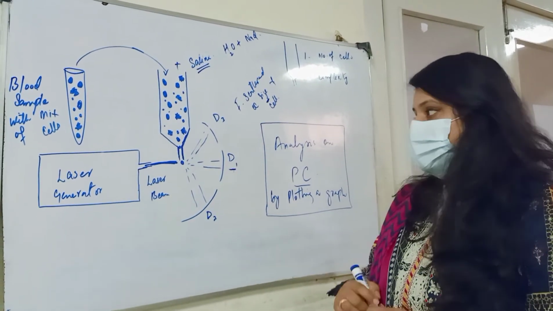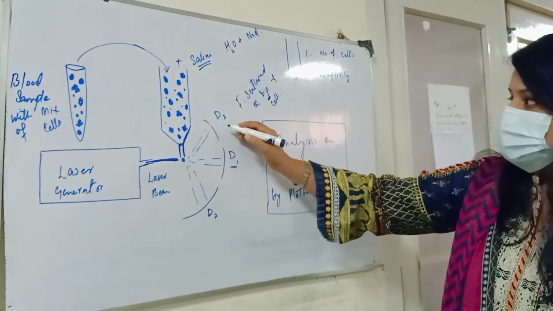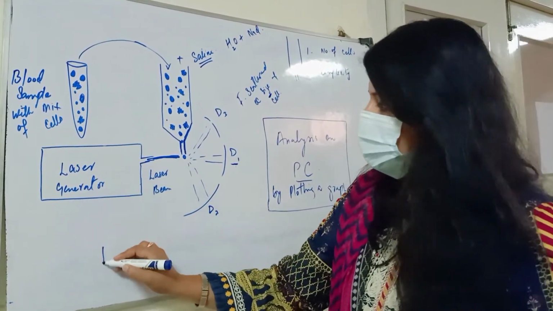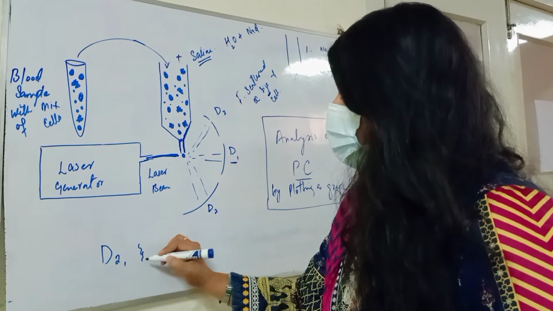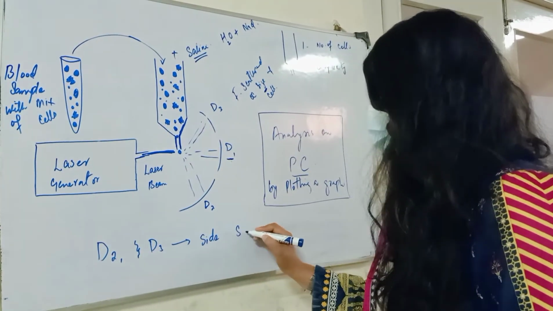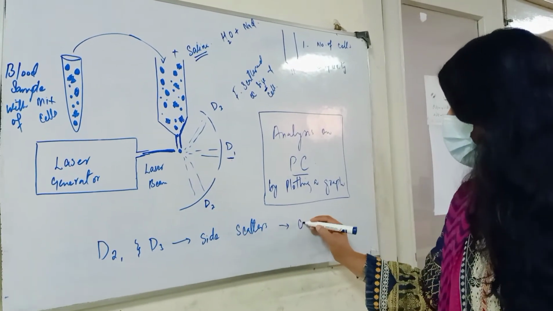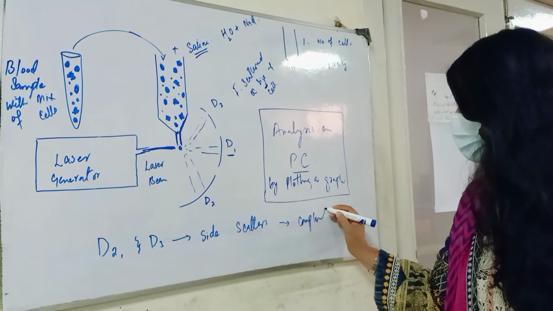So forward scatter tells about the size of the cell, and the side scatter, that is detector 2 and detector 3, they are called the side scatter. The side scatter shows us the complexity of the cell.